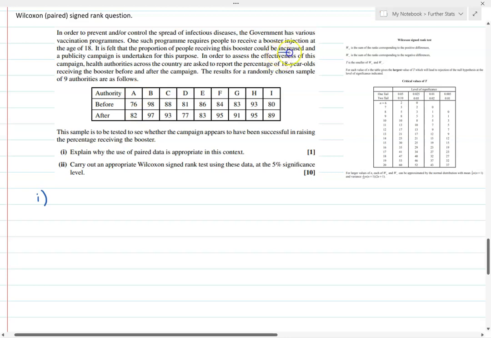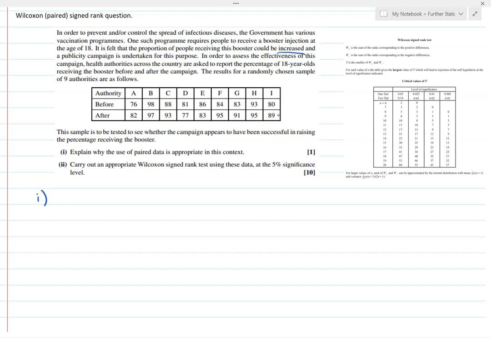It's a one-tailed test on it being increased. For example, B hasn't increased, but C has. D's decreased, E's decreased, but F, G, H and I have increased. So most of them have increased, a few have decreased a bit.